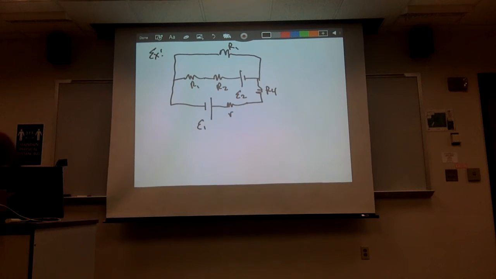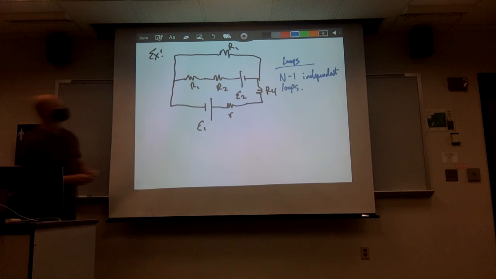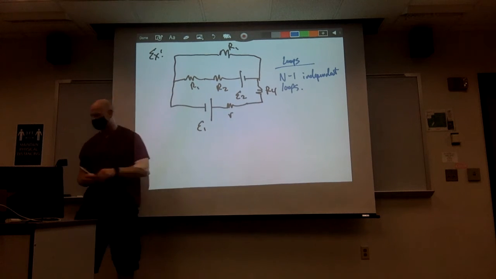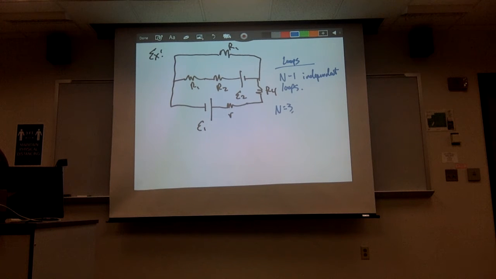So in general, we have n minus 1 independent loops. Meaning that in this case, since I have 3 loops, only 2 of them are actually independent. So n would be equal to 3, which means we have n minus 1, which is equal to 2 independent loops.